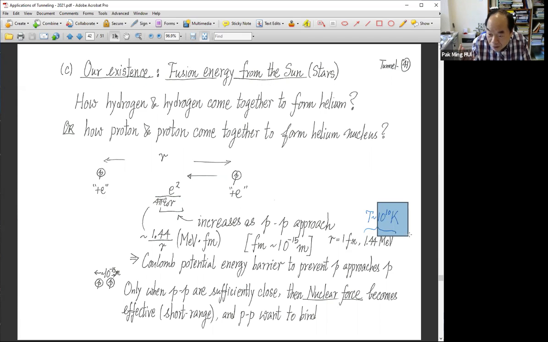If not, how come we have helium in the sun so that we can enjoy the fusion energy from the sun? That is the question.